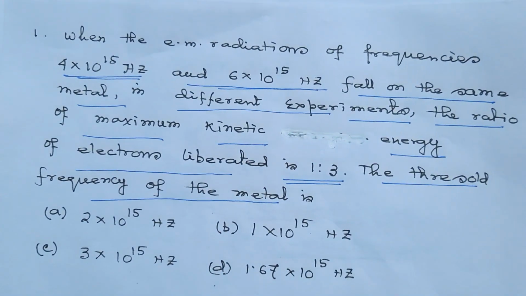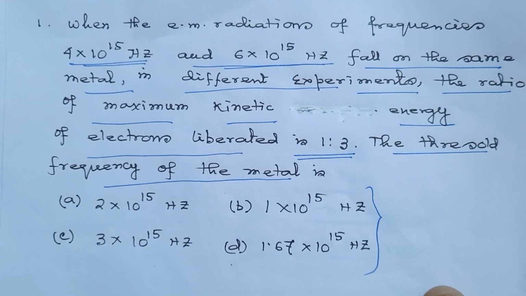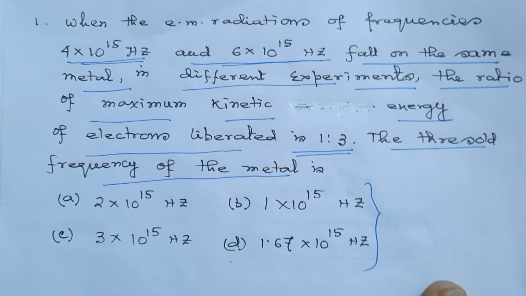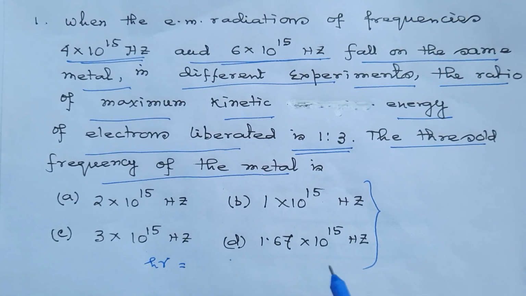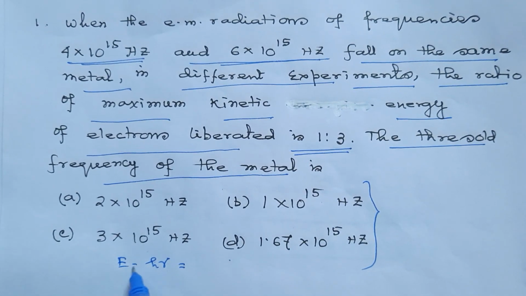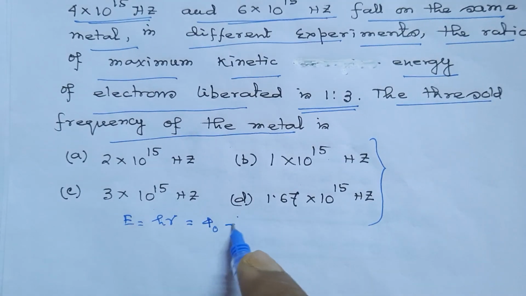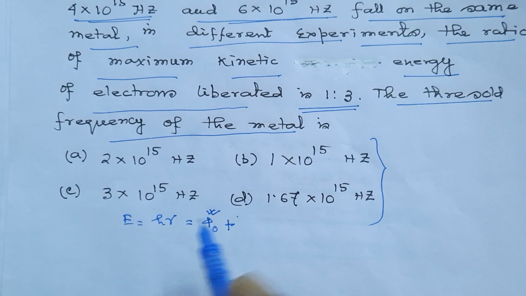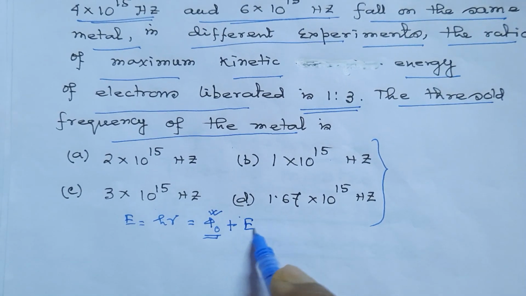Let us give the mathematical analysis, from which we know that the energy h nu of the incident radiation is used in two ways. A portion is used as a work function and the rest is the kinetic energy.